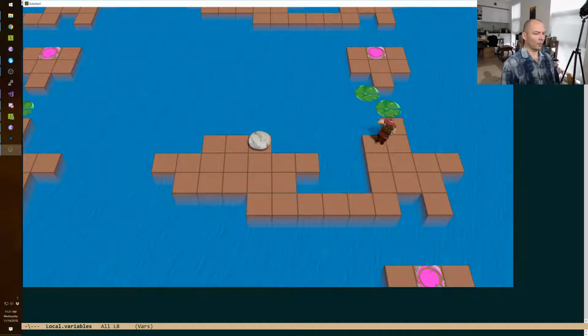There we go. All right. So this will be then me just walking straight across from one to the other instead of a diagonal crossing. That worked.